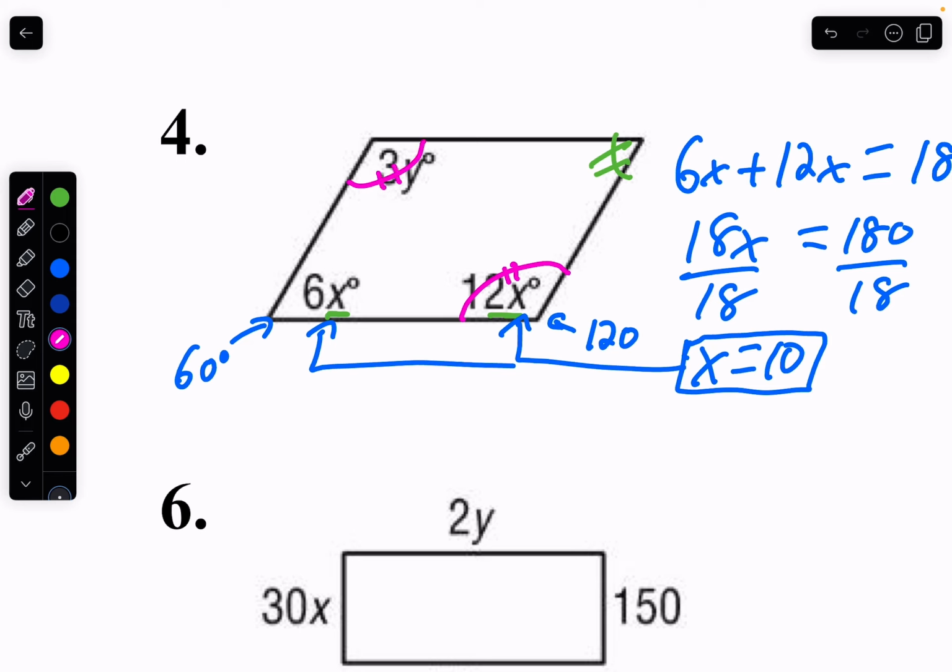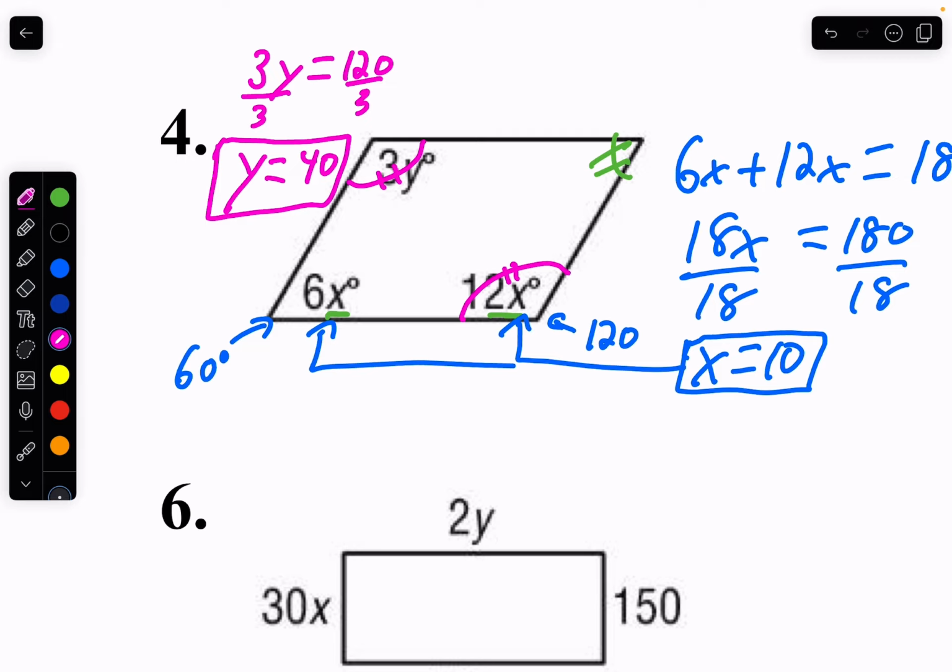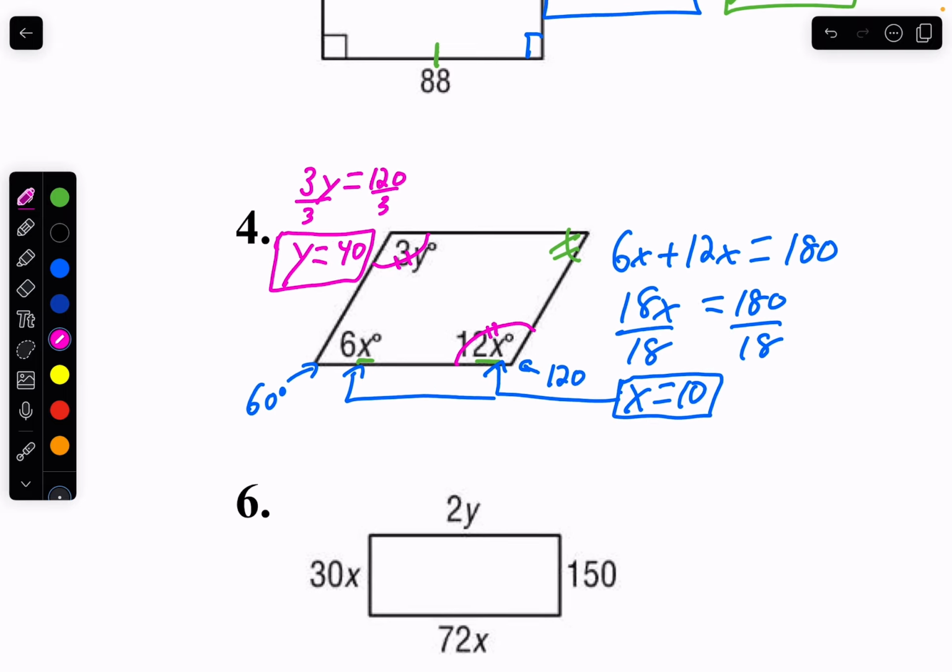So now I can say that 3y is 120 degrees as well. We are going to now divide by 3, y equals 40. And just like that, we were able to find x and y for this problem.